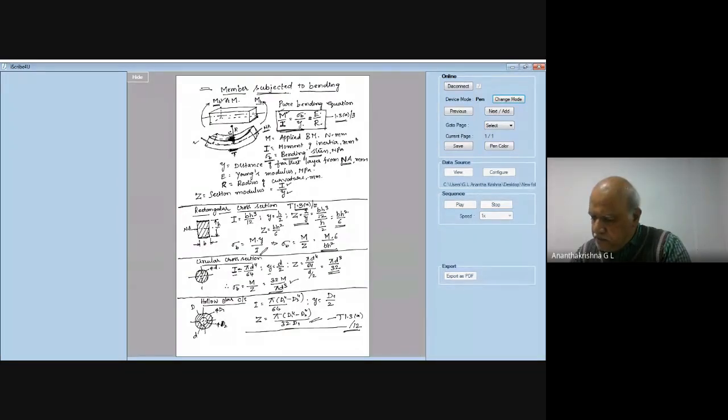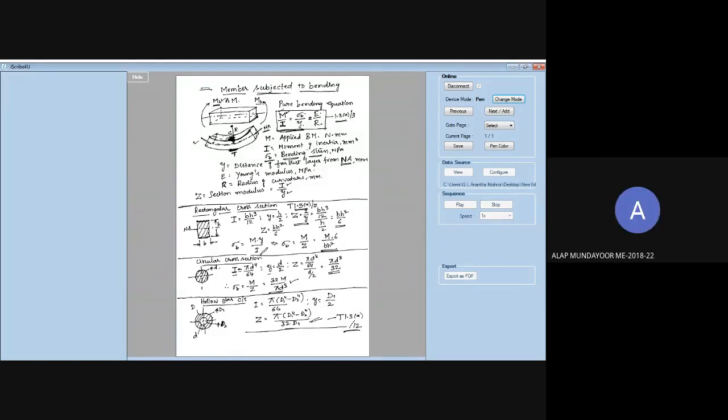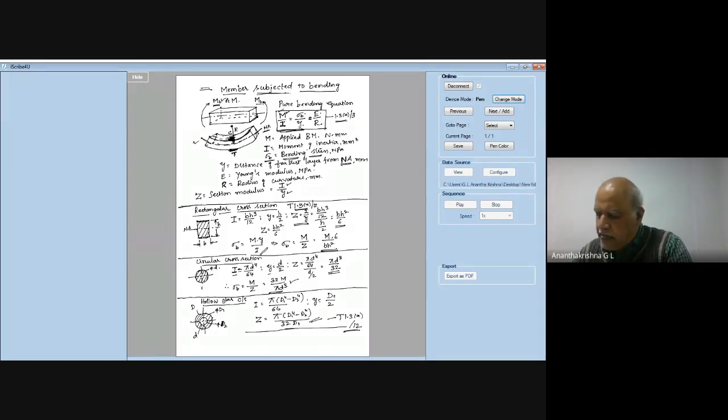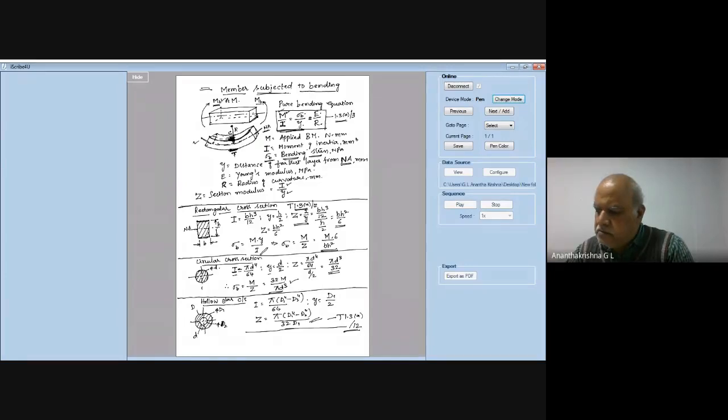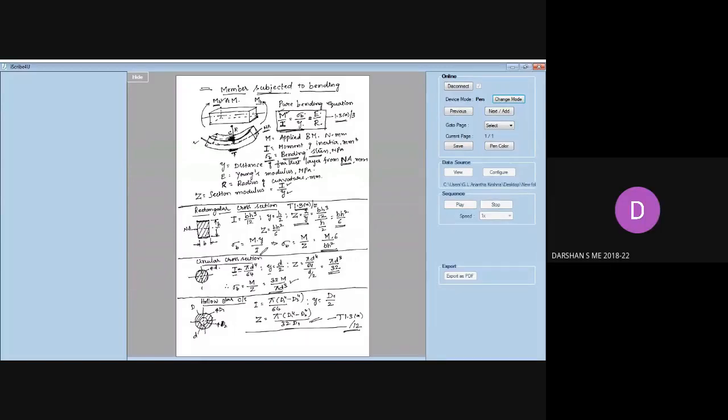Jadhav. Mundiur. Present, sir. Nambiar. Present, sir. Nadella. Yes, sir. Biban. Present, sir. Chinmayi. Present, sir. Chandan. Chandan Swarup. Charishma. Present, sir. Darshan. Present, sir.